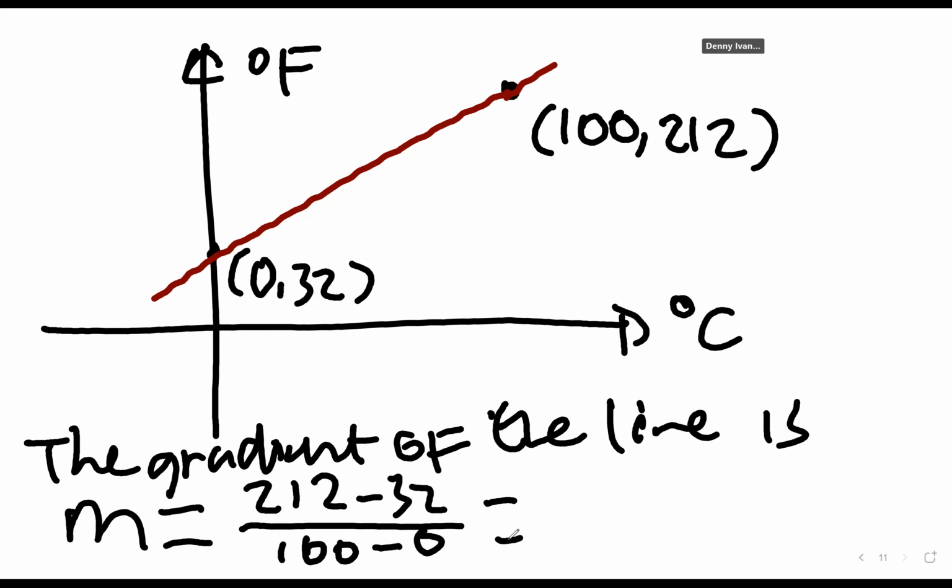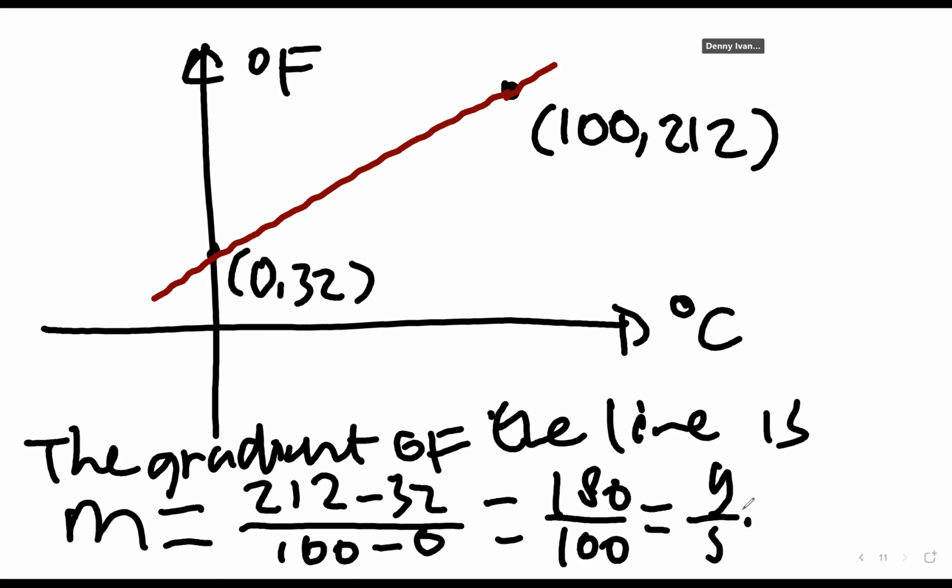That will be 180 over 100, divided by 20, we get 9 over 5. So the gradient is 9 over 5.